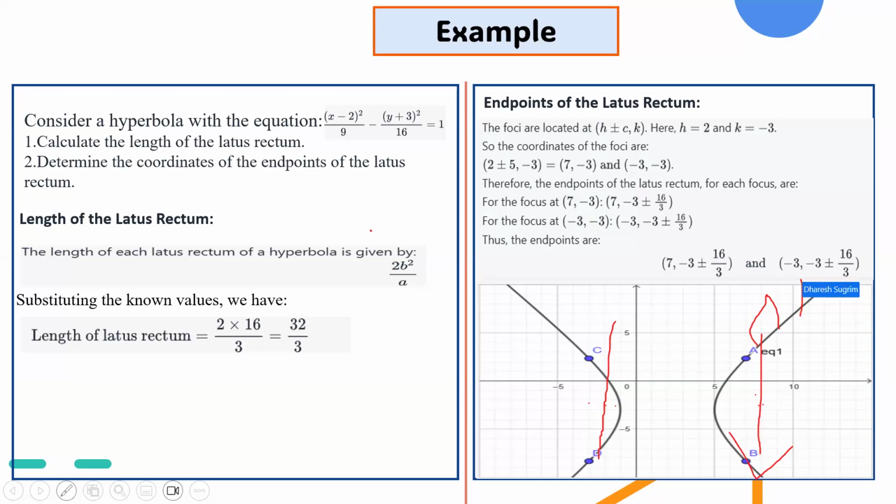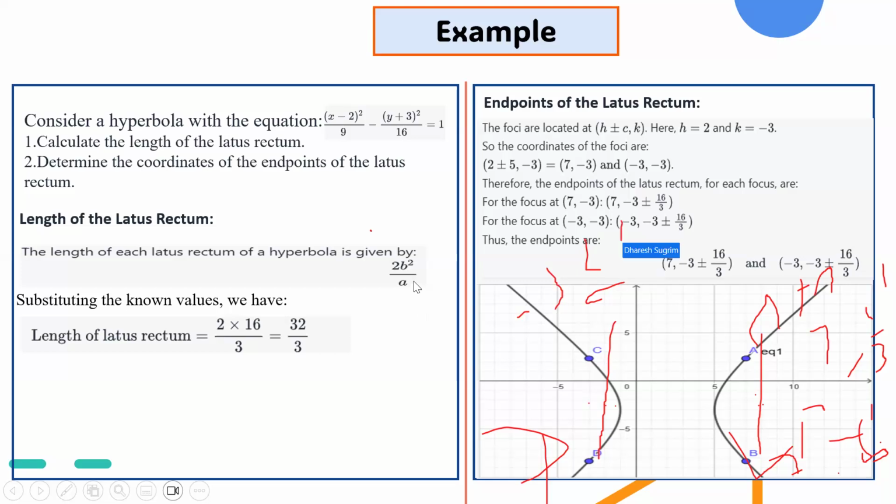We have one endpoint here, which is A. You can call the other one B, the next one C, and the other one D. When we work out these values, for A we'll have 7, 2 and 1/3, for B we will have 7, negative 8 and 1/3, for C we'll have negative 3, 2 and 1/3, and for D we'll have negative 3, negative 8 and 1/3.